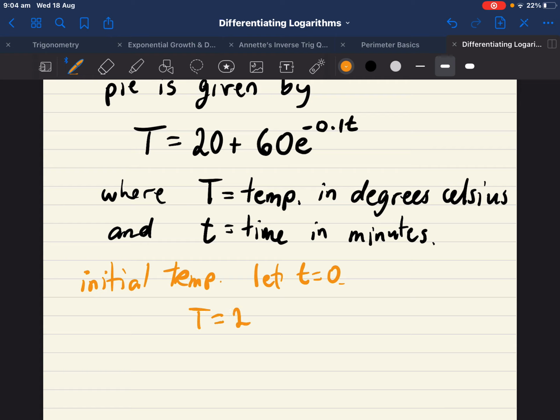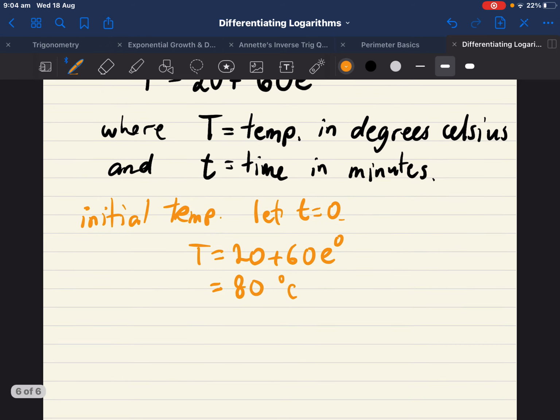And you'd end up with 20 plus 60 e to the minus 0.1 times 0. So in this case, you end up with 20 plus 60 e to the 0 ends up being 80 degrees Celsius. This pie was initially 80 degrees Celsius.